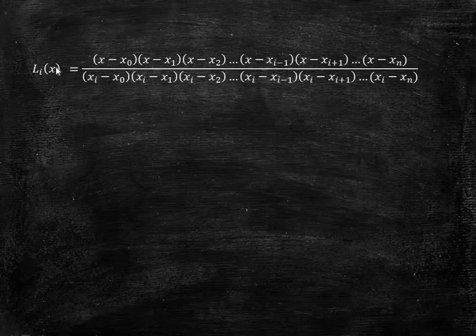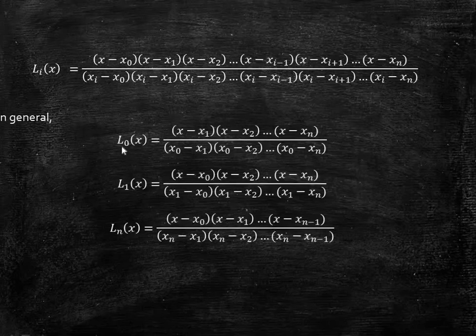Divided by, in the denominator, we just replace x by xi. So just put xi here, and we get xi minus x0, xi minus x1, xi minus x2, up to xi minus xn. So that is the general form.